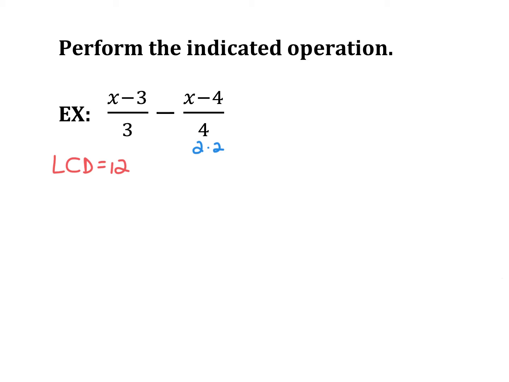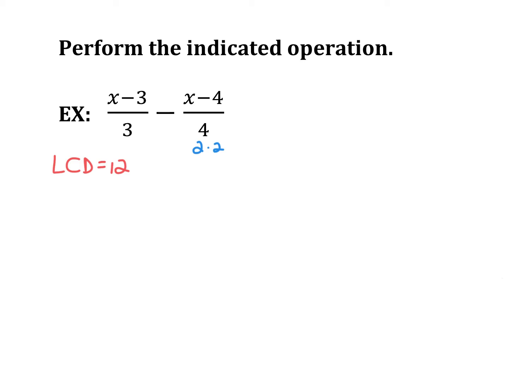In other words, accounting for both of these denominators, a denominator of 3 and a denominator of 4, in this least common denominator. And we get this least common denominator of 12 by taking 3 times 2 times 2. Again, thinking through it in that process, from the factors of these denominators to build this least common denominator, will be helpful on upcoming examples.